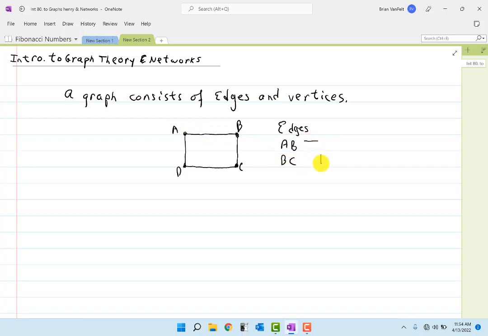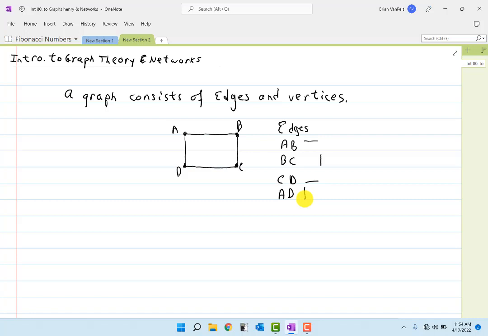BC is that line on the side. CD is this line down low. And then DA or AD, it doesn't matter which way you put them, it means the same thing. AD will be that line. And then we've labeled our vertices. So the dots we'll use for vertices and the lines we'll use for edges.